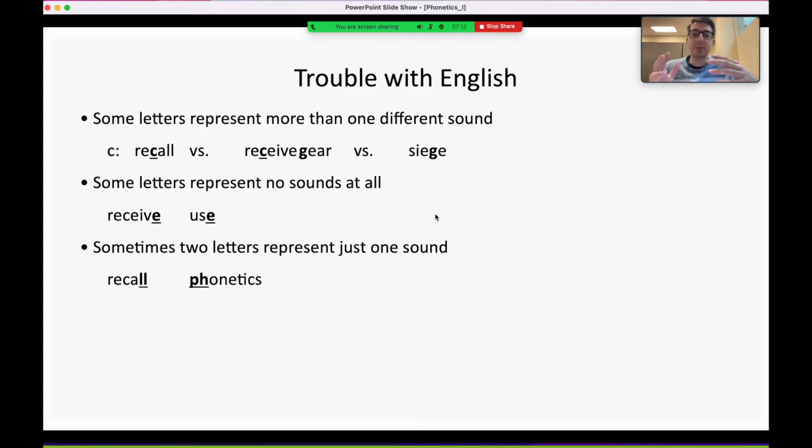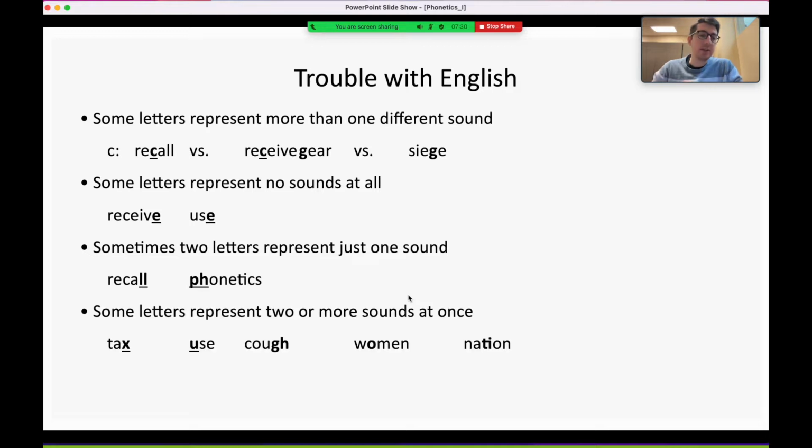Then sometimes two letters represent just one sound, such as in recall and phonetics. Double L is just one L sound. PH in phonetics is the first sound. Some letters represent two or more sounds at once, such as, for example, tax.